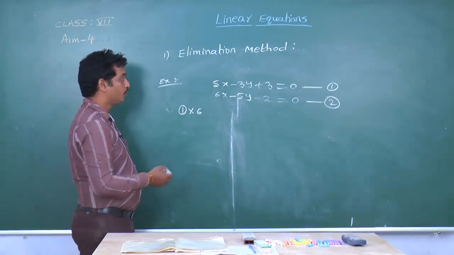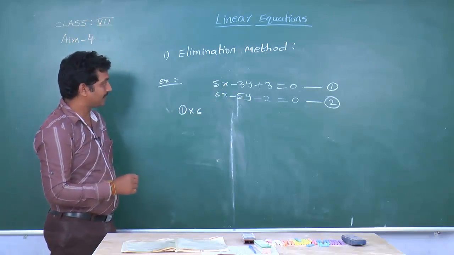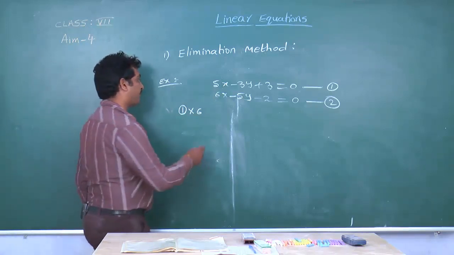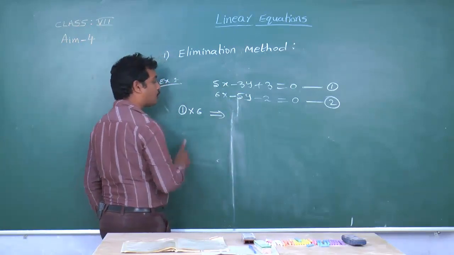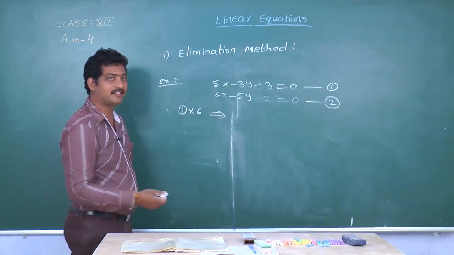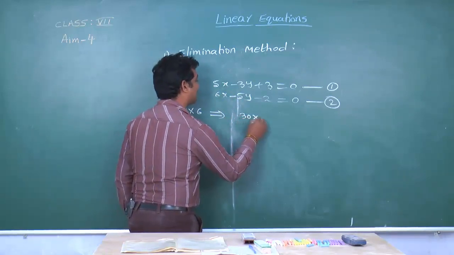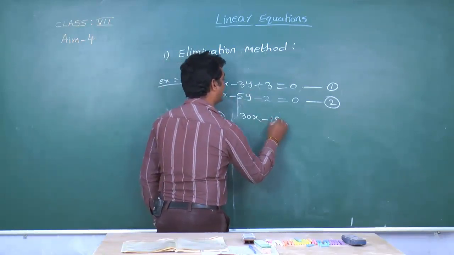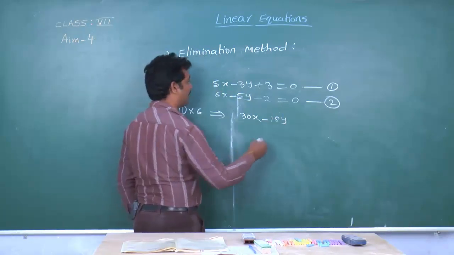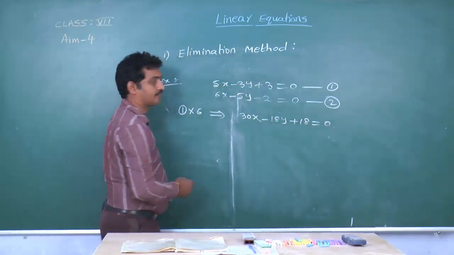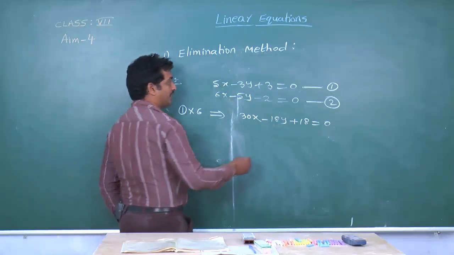Because we are going to make the coefficients of x in both the equations equal. Therefore, 1 into 6, it implies that throughout the equation you have to multiply with 6, then it becomes 30x minus 18y plus 18 is equal to 0. Let it be 3.